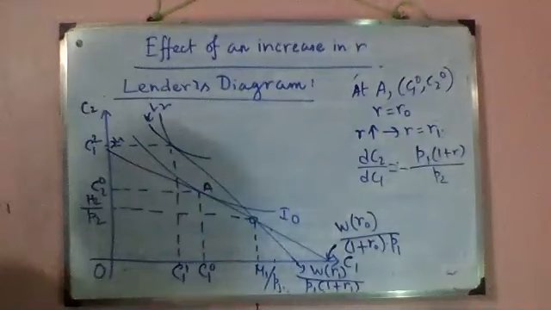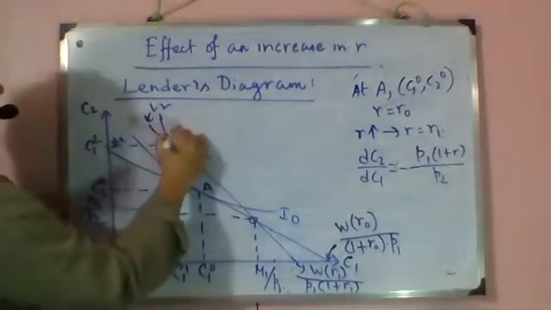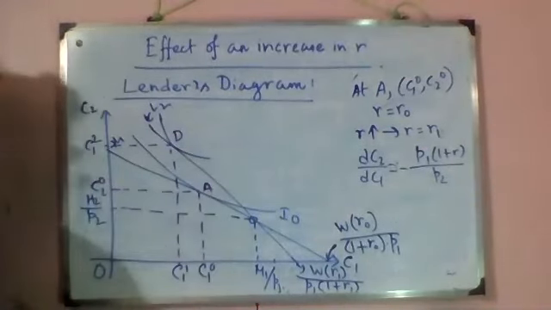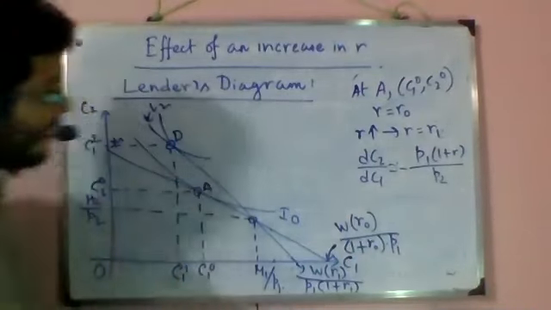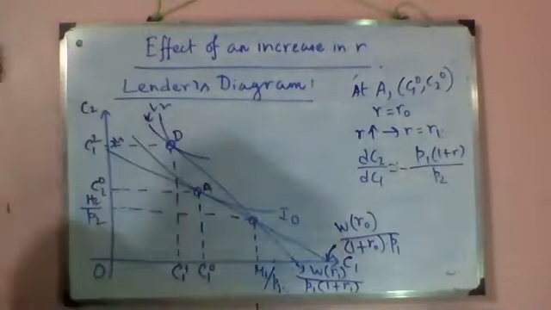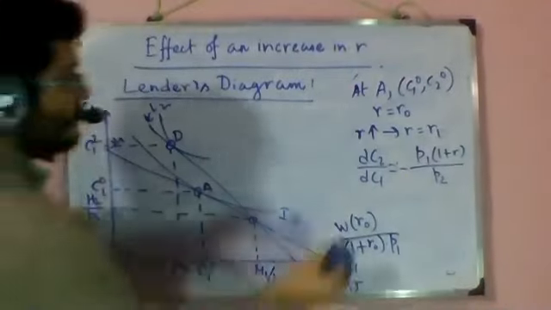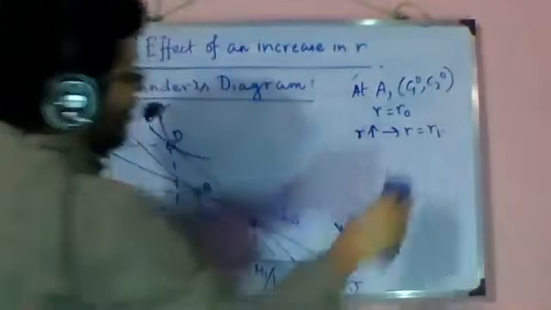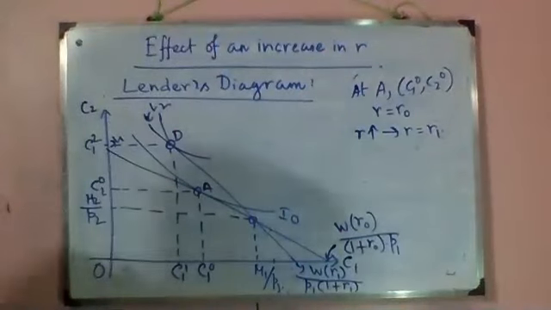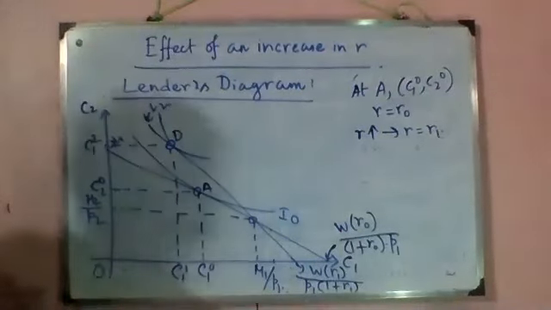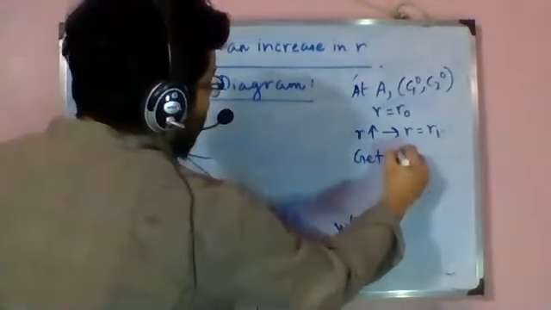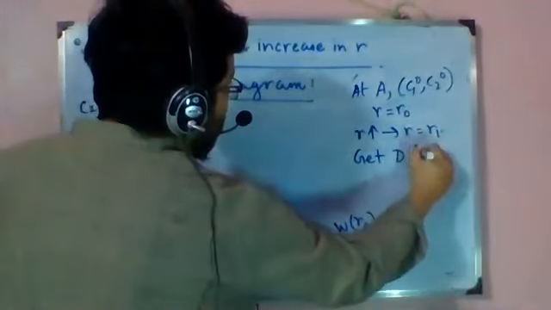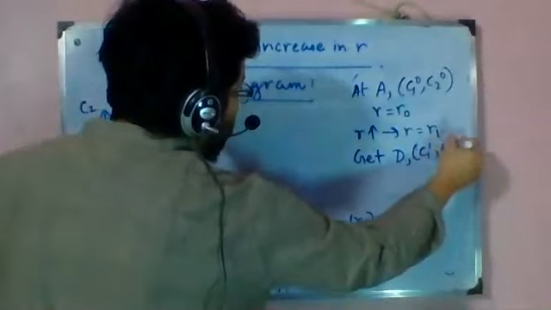So this is our final equilibrium. It was initial, it is final. So R increases, goes from R naught to R1, then we get D, where C11 and C21.